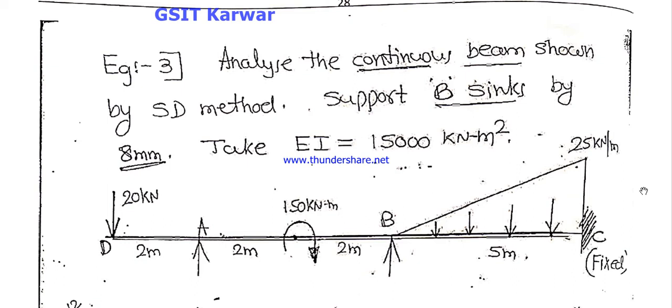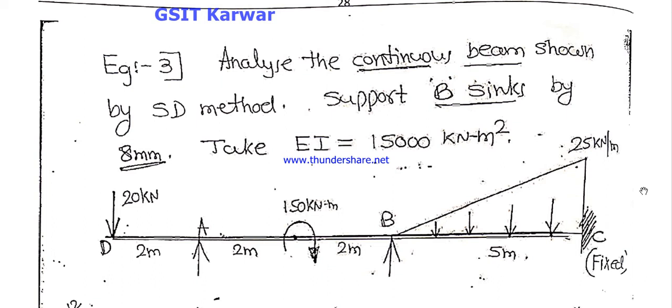On the span AB the moment is given directly, you can take this moment, 150 kilonewton meter. And the point load is given at the overhanging end point D, that is 20 kilonewton.